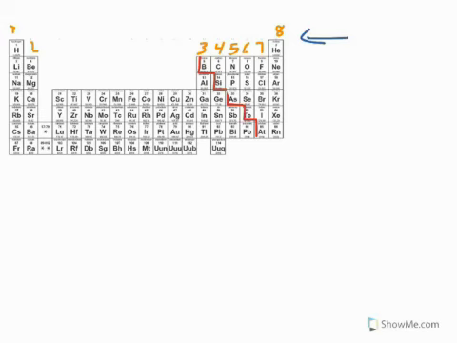For example, fluorine, F, has 2, 4, 6, 7 valence electrons, wanting an octet. So if I look at the compound F2, which consists of 2 fluorine atoms, each one has 7 electrons. Now how we did it with ionic was we transferred electrons.